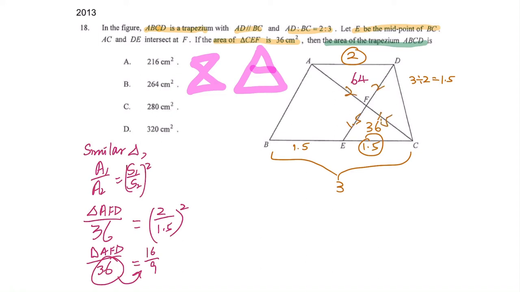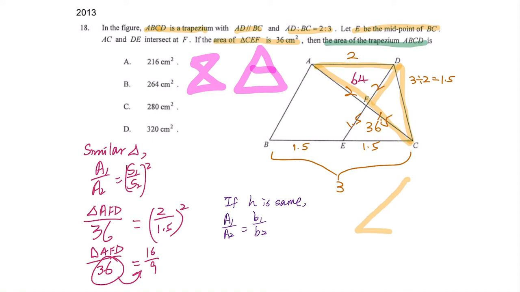These are not their actual values, just the ratios. We might have to use it in a while, that's why I'm writing it first. And the other thing I was saying is that if the height is the same, then area ratio is the base ratio. You don't need a square for that. So where do we have to use that? It's actually in this triangle.